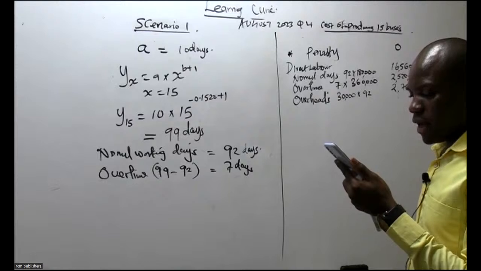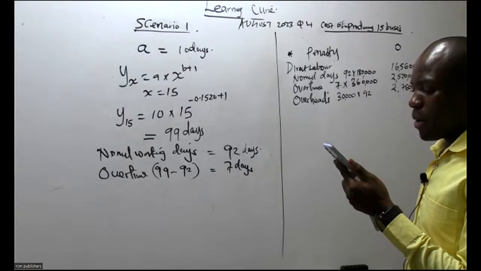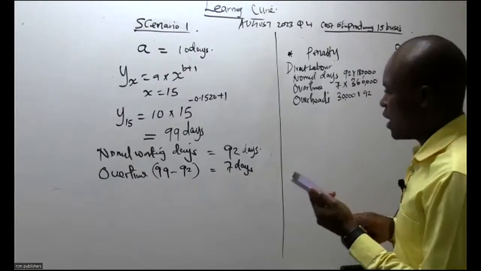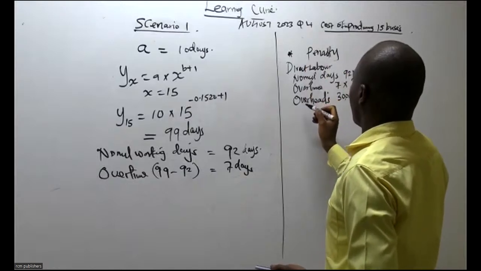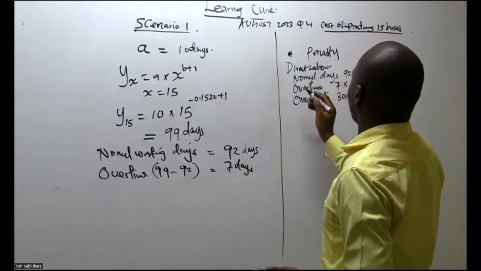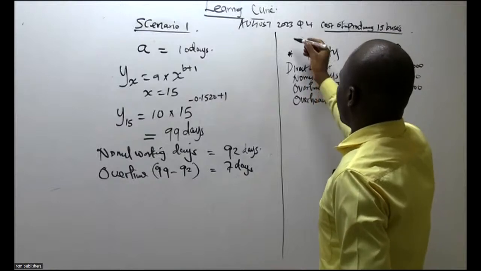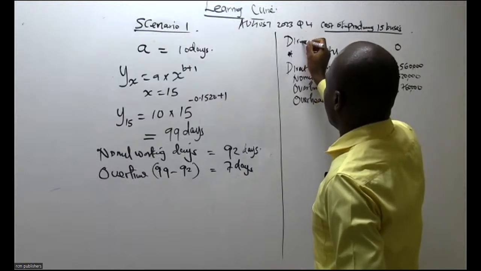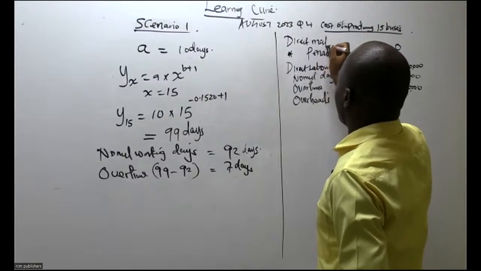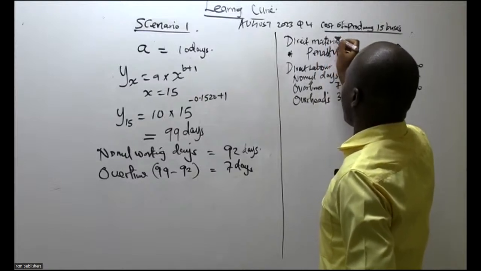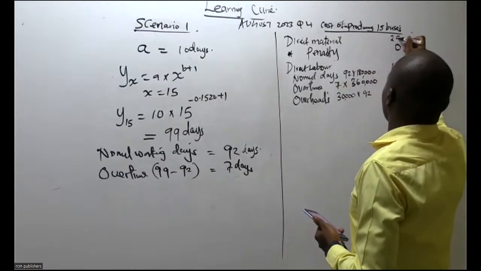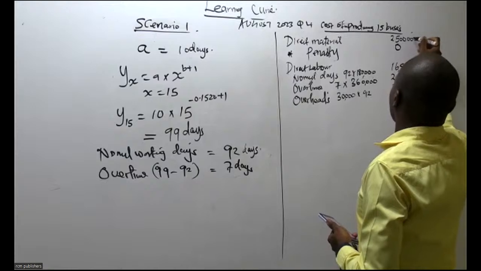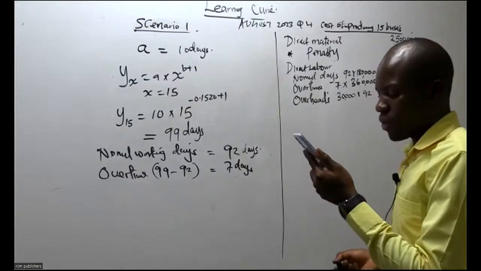Good. Having done that, we are being told in number 6 that the management accountant estimates direct material cost per bus at 2.5 million. So we have direct material, which was supposed to be the first one. You can put it anywhere, even up there or down here, you will still have your answer. 2,500,000.